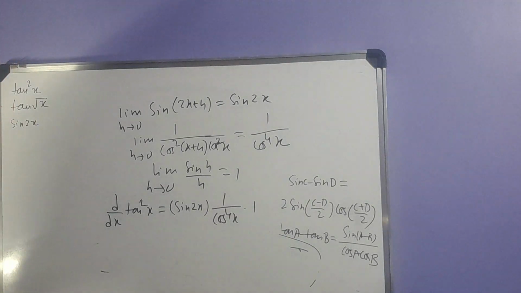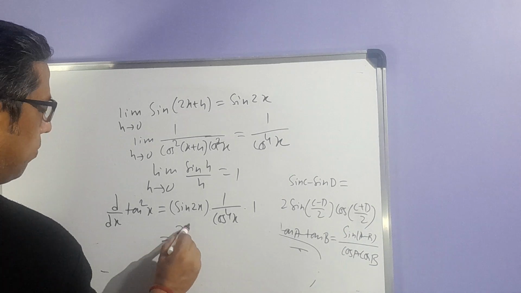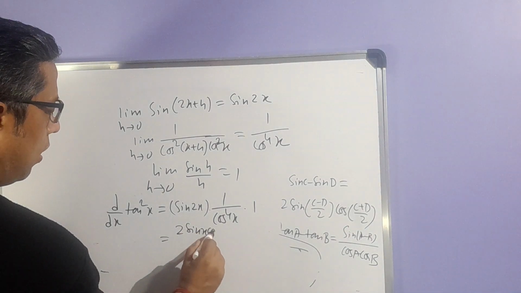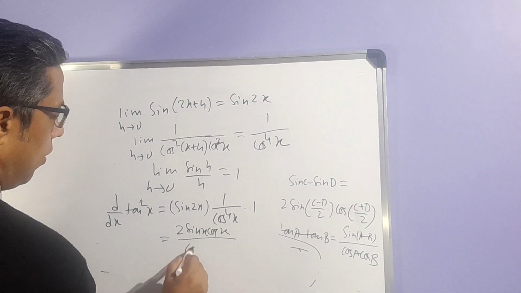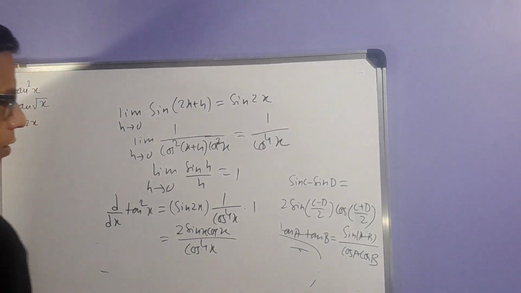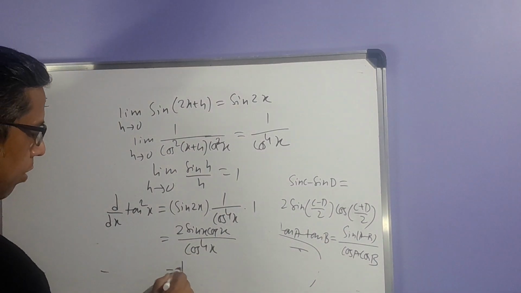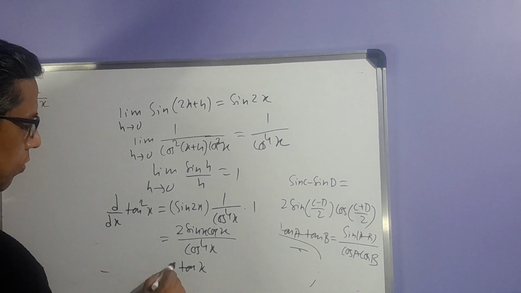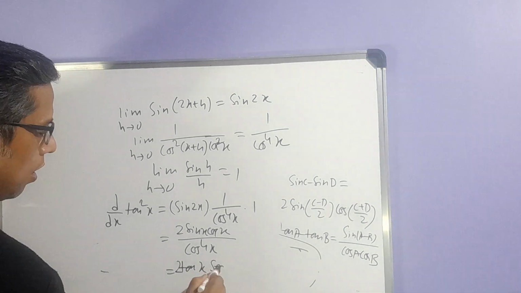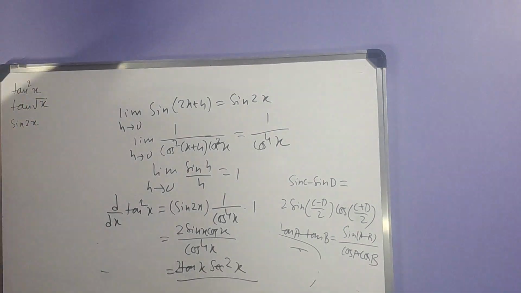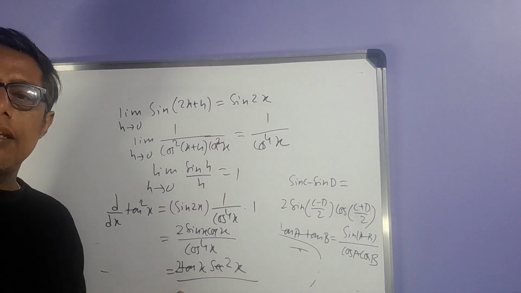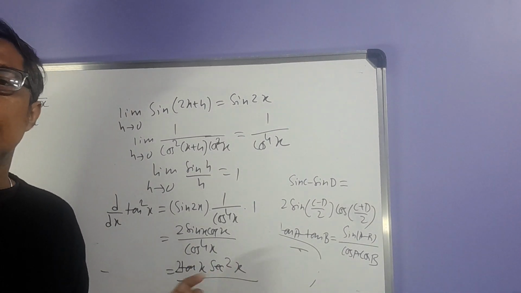So sin 2x means 2 sin x cos x by cos to the power 4x. So this is coming 2 tan x sec square x. So this is the answer, 2 tan x sec square x.